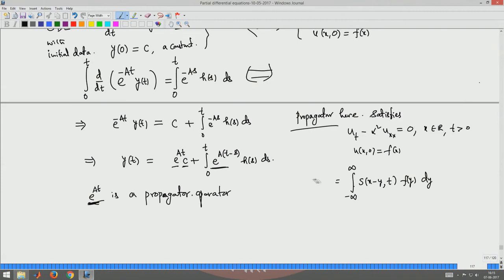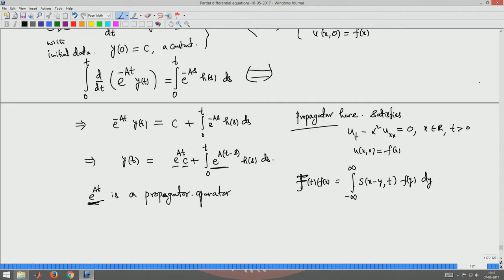So, I can write this propagator operator as some capital F, the propagator operator, acting on f(x). Let us say it is a function of t, like here e power at is a function of t. Okay. So, let me put it as a script. Script F is a function of t and then acts on f(x).